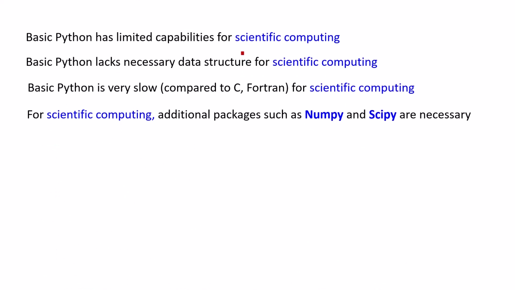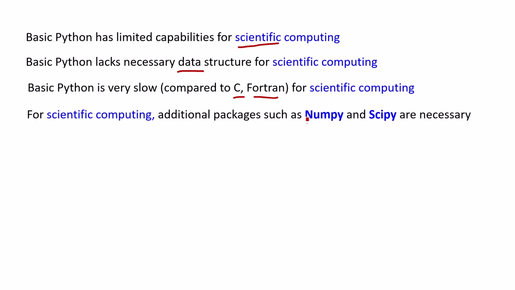Basic Python, what we have learned so far, has limited capabilities for scientific computing. It doesn't have the necessary data structures which are valuable for scientific computing. It is also very slow as compared to C or Fortran, which is a serious bottleneck in scientific computing. To improve Python so that we can use it for scientific computing, we use additional packages.